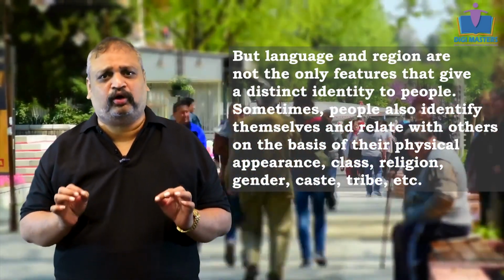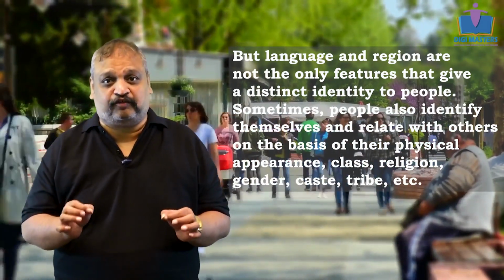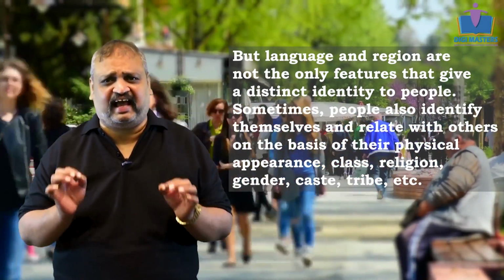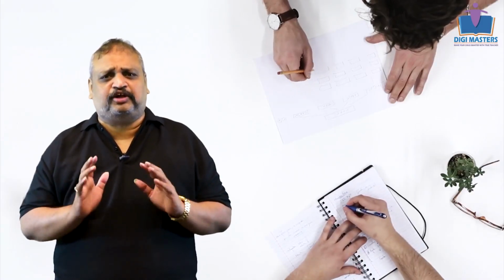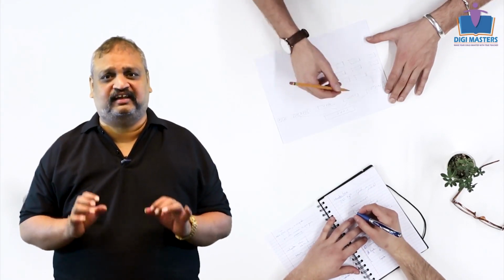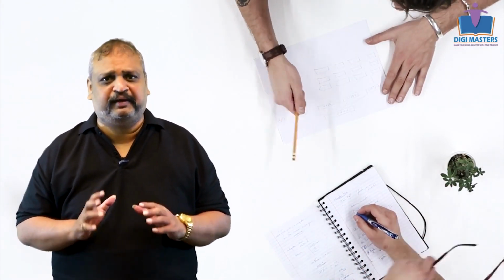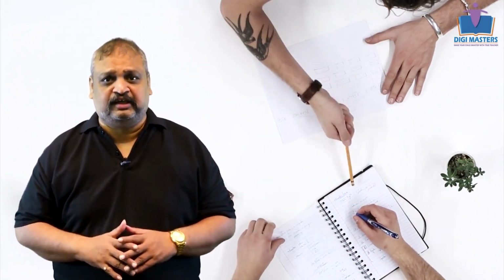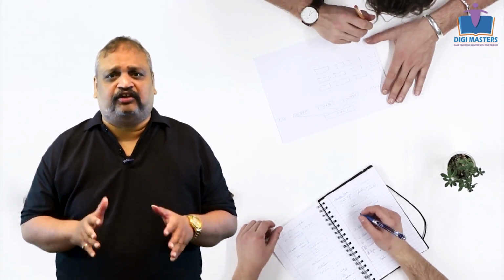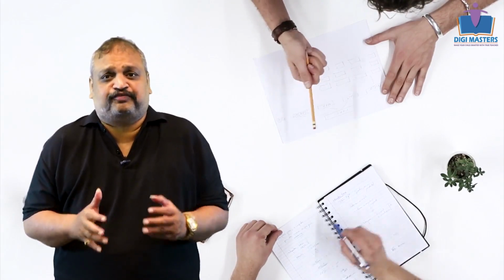Sometimes people also identify themselves and relate with others on the basis of their physical appearance, class, religion, gender, caste, tribe, etc. In this chapter, we study how democracy responds to social differences, divisions and inequalities. We begin with an example of public expression of social divisions. We then draw some general lessons about how social differences can take various forms.